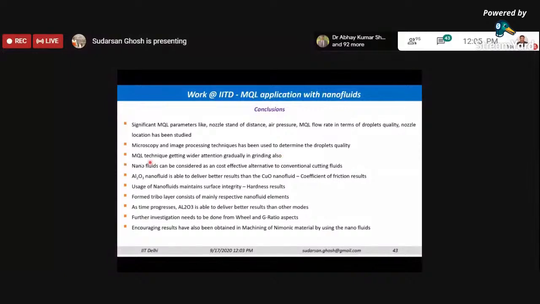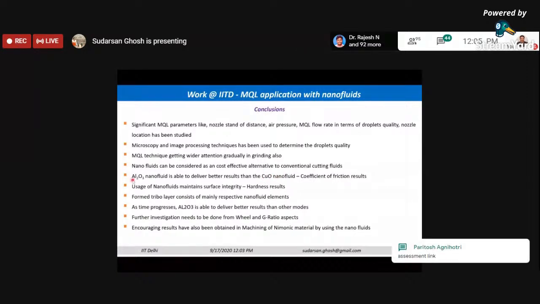And also nanofluids can be a sustainable fluid, and a good cost-effective alternative to conventional cutting fluids, provided we use the nanoparticles carefully. For example, it is better to use the aluminum oxide nanoparticles. Compared to copper oxide, aluminum oxide performs better. It is cheaper, so it also performs better.